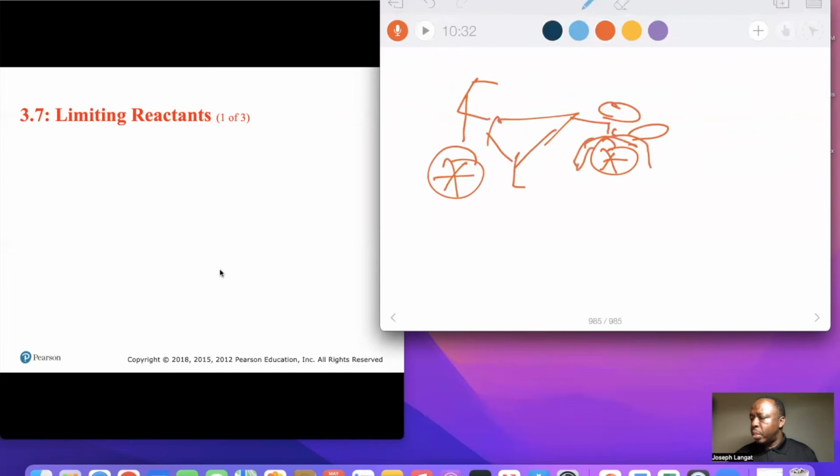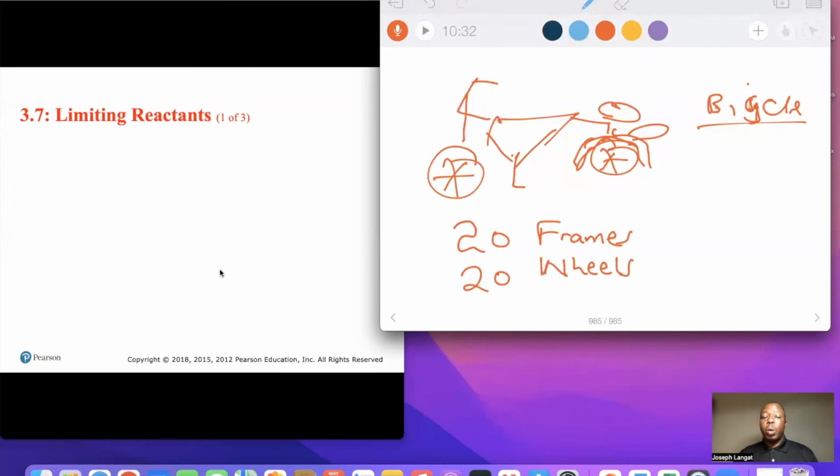Assuming that this is the bicycle, it has two wheels. Suppose we have 20 frames and 20 wheels.